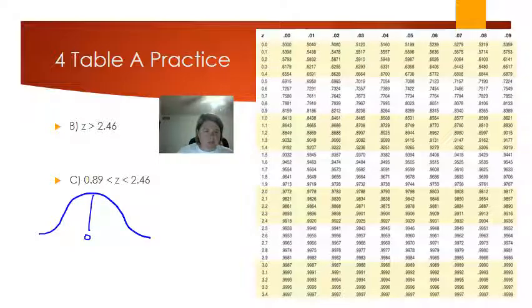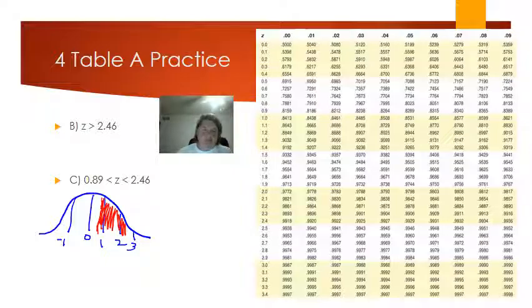Here's almost -1 standard deviation. Here's +1 standard deviation, +2, +3. So what we want is from 0.89, which is probably about right here, to 2.46. So we want this area.